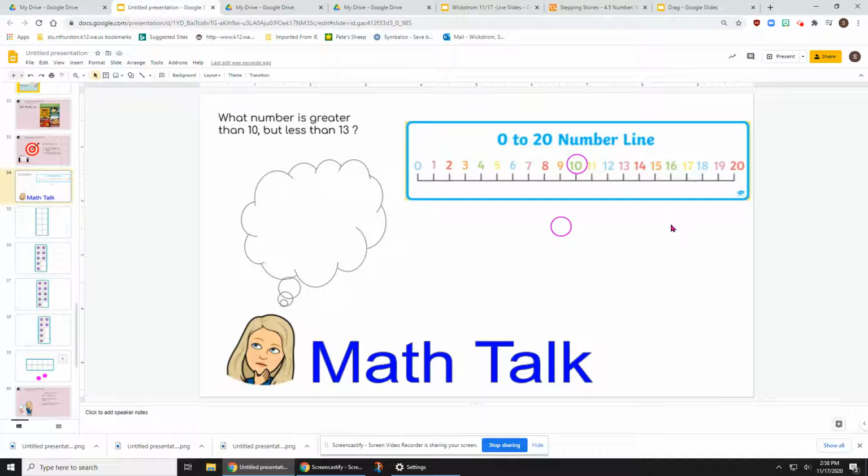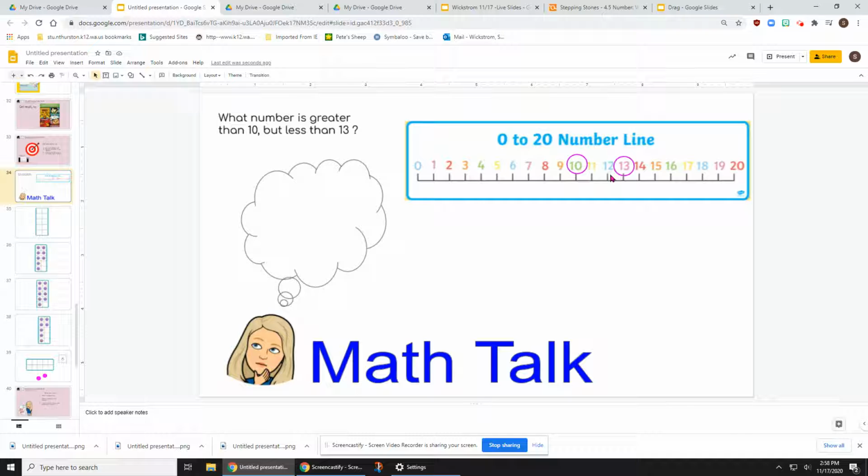But the next part of the question says, it is a number that is less than 13. So let's find that number. There's 10, 11, 12, 13. So let's go ahead and put a circle around 13. So the number has to be less than 13. And we know that any numbers that come before 13 are less.